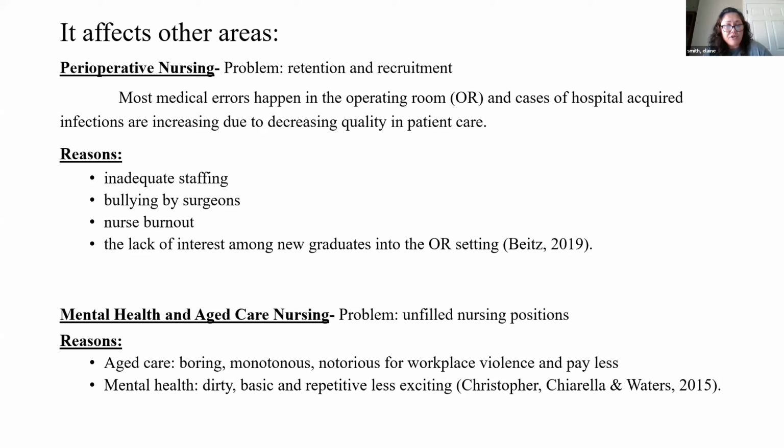Mental health and aged care nursing positions in Sydney, Australia are hard to fill, and they have a hard time hiring newly graduated nurses because aged care nursing is viewed as boring, monotonous, notorious for workplace violence, and paying less than other areas of nursing. And mental health nursing is viewed as dirty, basic, repetitive, and less exciting.